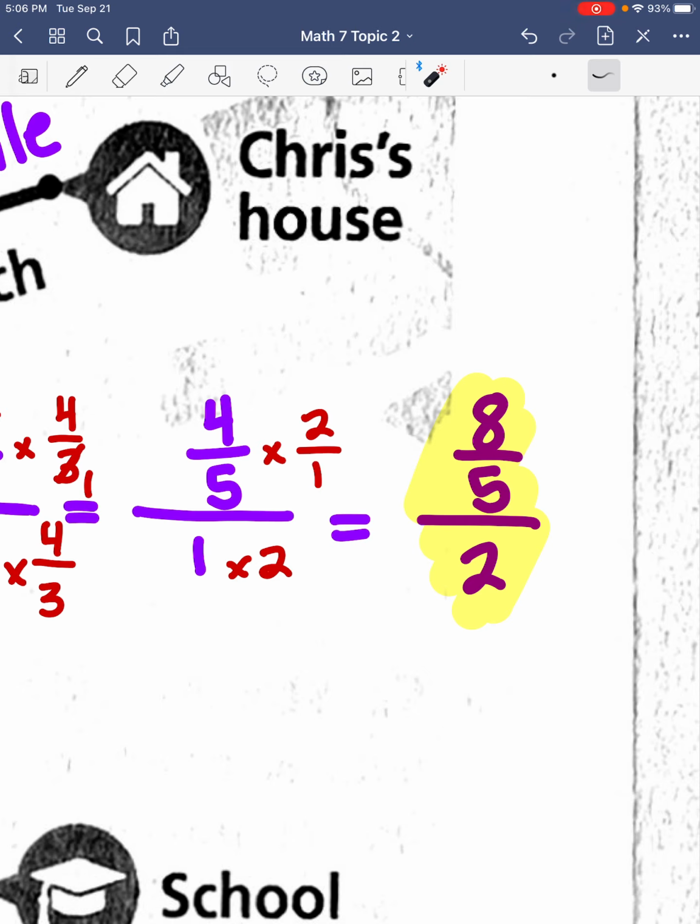So how many times does 5 go into 8? Well, 5 goes into 8 one time, and then I have 3 left over, so 1 3/5 is the distance.